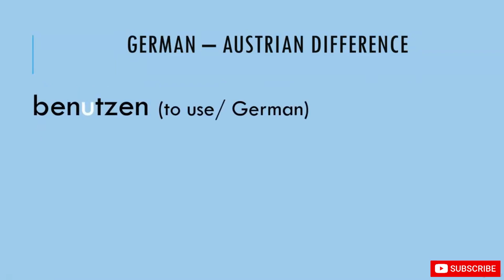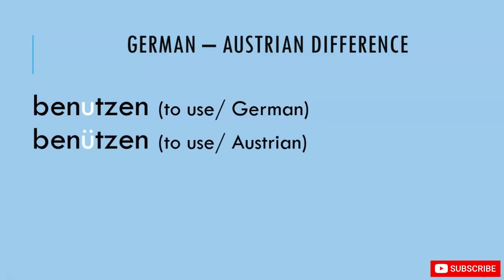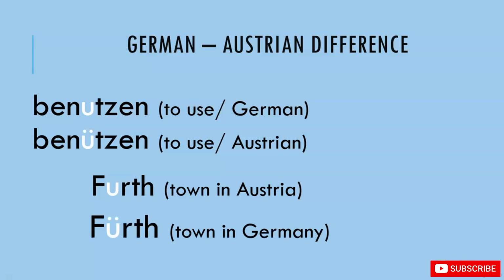And although I'm sure there are lots more, I found two differences. One is a verb, benutzen, which is to use in German, but the Austrians say benützen. And for any holiday makers, Fürth is a town in Austria, whereas Fürth is a town in Germany.